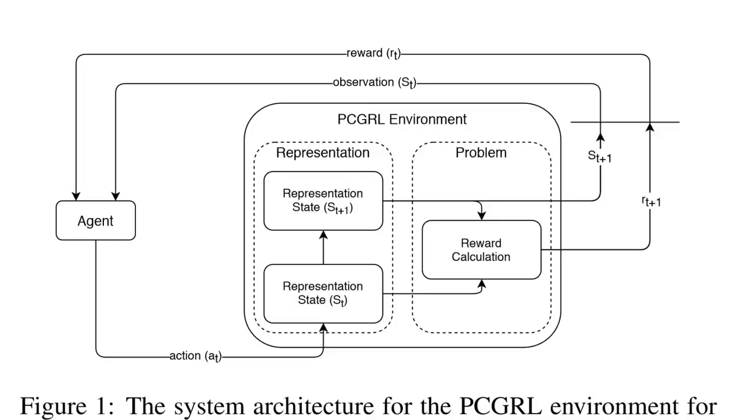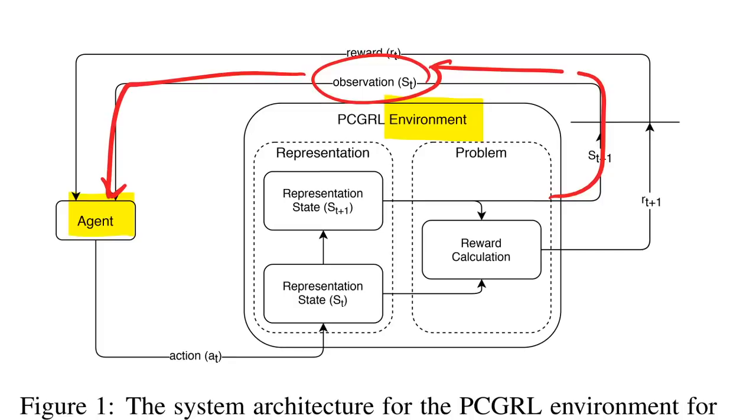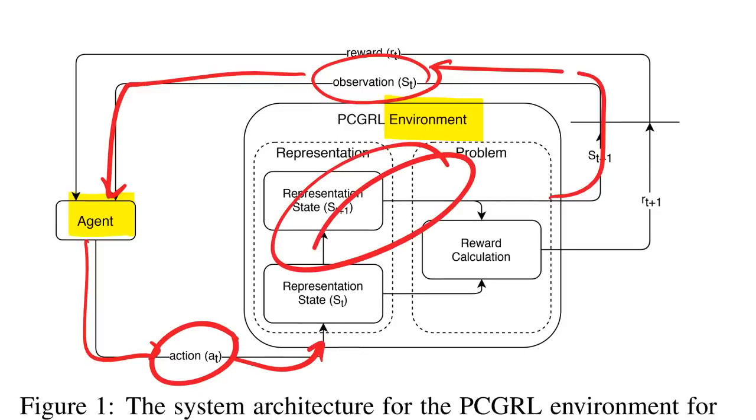So what is reinforcement learning? It's pretty simple. In reinforcement learning, you have this agent-environment split. At each step, the environment is going to send an observation to the agent, and the agent needs to take an action in response to that. Now, something happens in here.